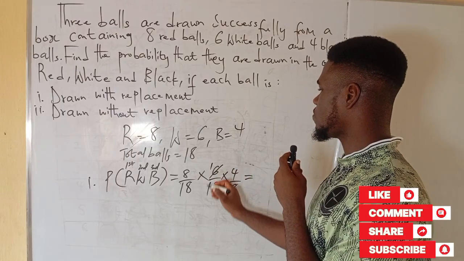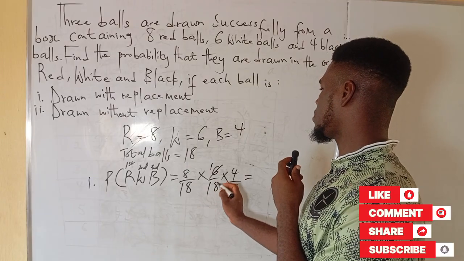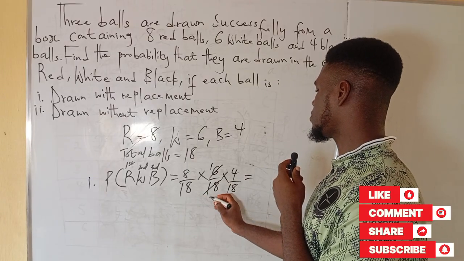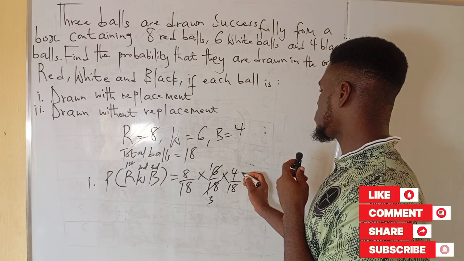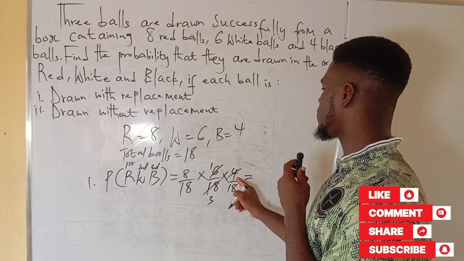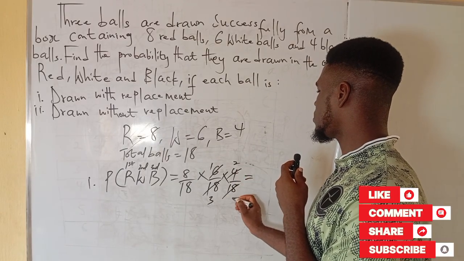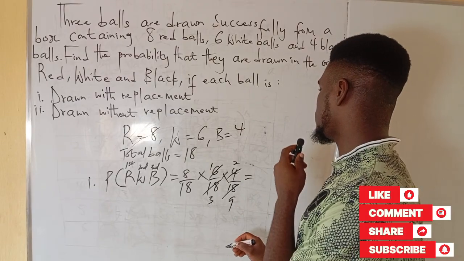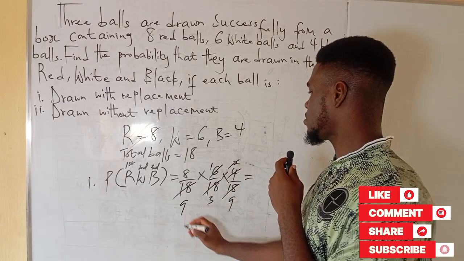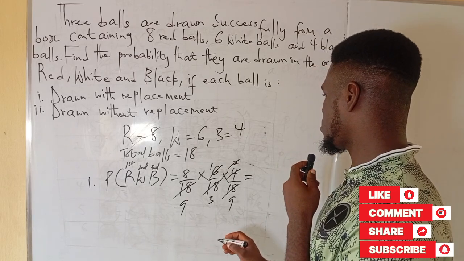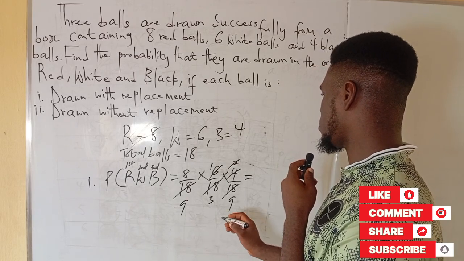Okay, now you want to reduce this to the lowest term. 6 can divide itself 1, 6 can divide 18 3 times. 2 can divide 4 2, divide 18 9. The 2 up here can still divide the 18 here 9. Do we have any other thing that can divide? I don't think so.